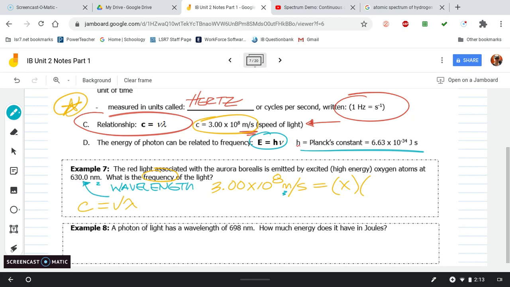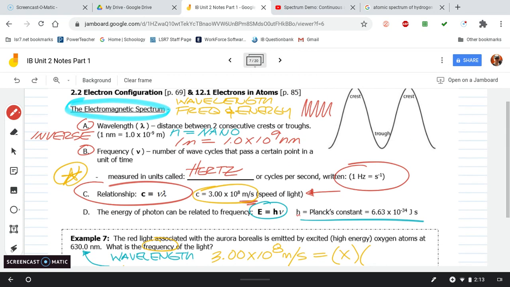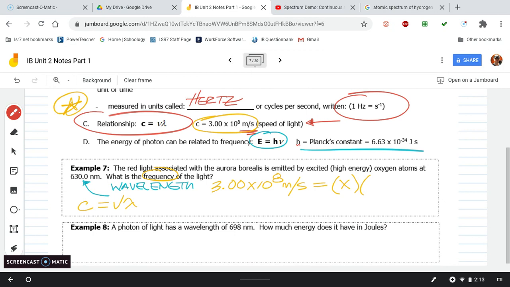So we're going to need to convert those. I'm going to use this conversion up here: 1 meter equals 1.0 times 10 to the 9th nanometers. So I've got 630 nanometers, and I want to get rid of them.